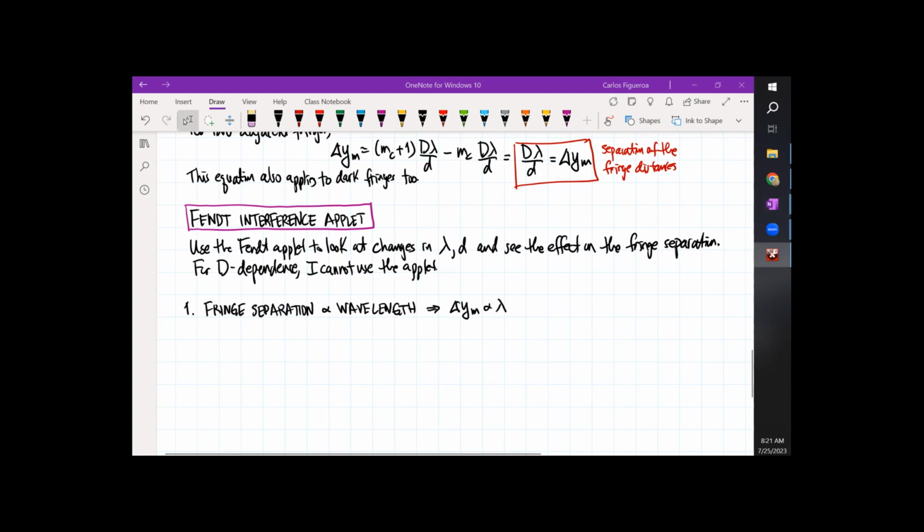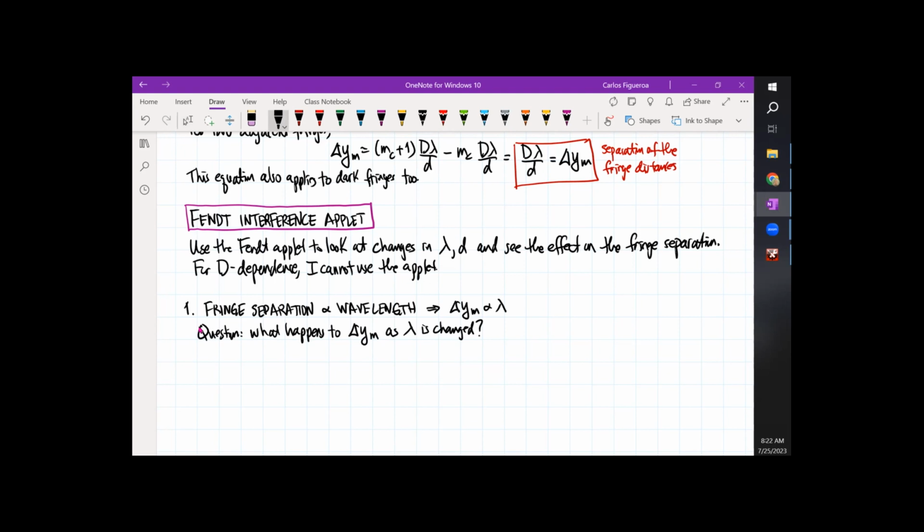So that's what we really want to look at right there. If I start to ask the question, it goes something like this: what happens to delta y of m as lambda is changed?